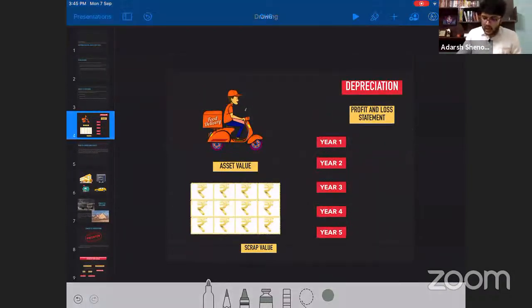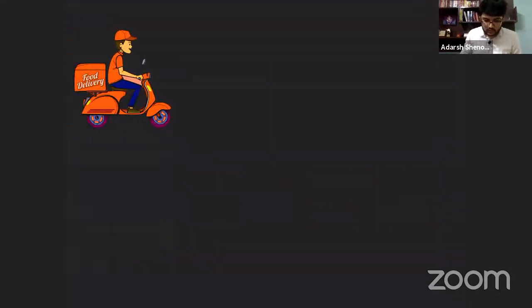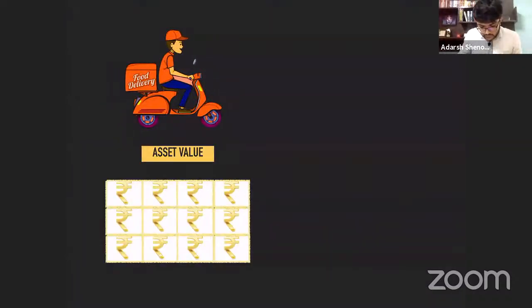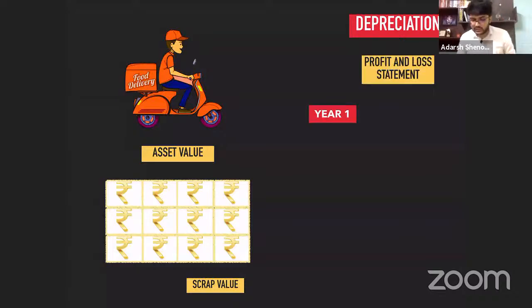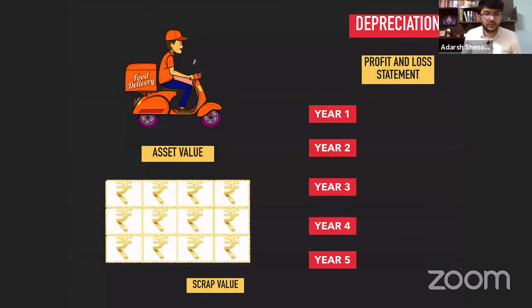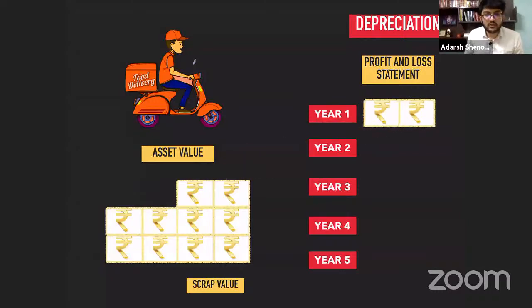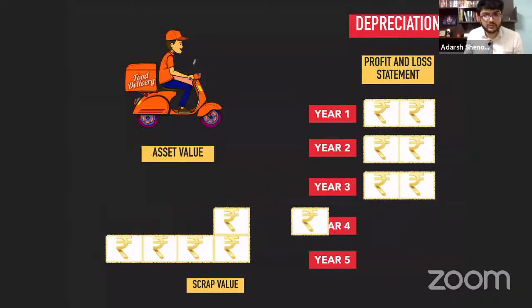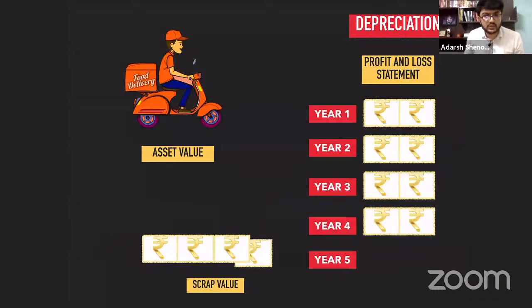Every year we were deducting the depreciation directly from the asset account, right? Every year the depreciation was moving from the asset account to the profit and loss account, reducing the cost of the asset. The book value kept on reducing every year like this.